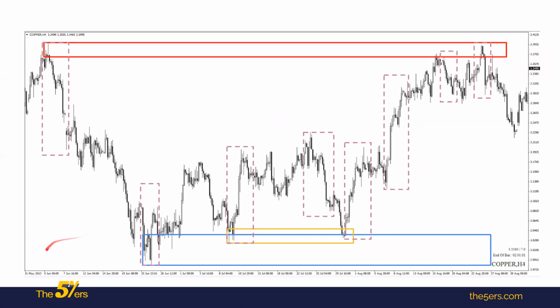Now, the same method, the same concept works on the demand side, on the buying side. Okay, we see that strong impulse, the strong pull. We are looking for where price was actually breaking the action here, and this is the line.